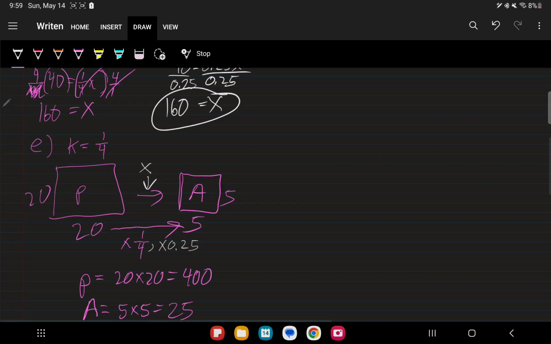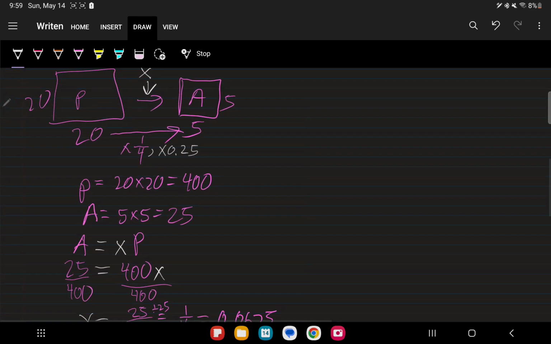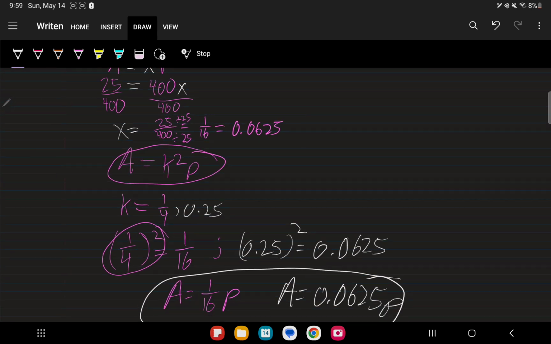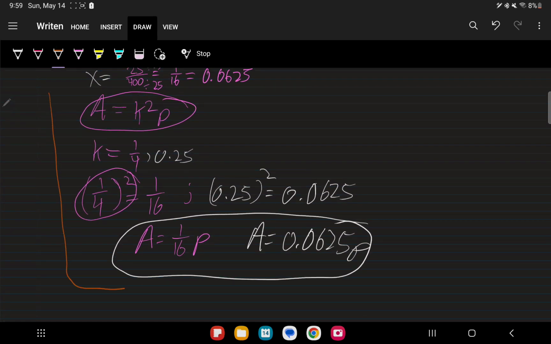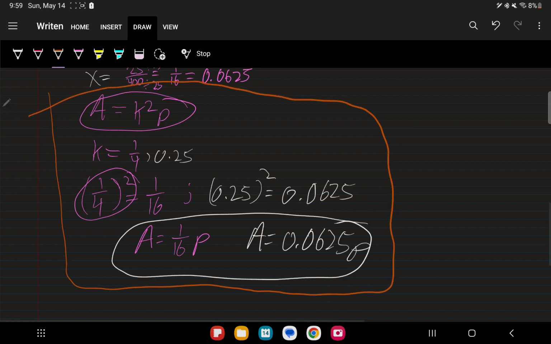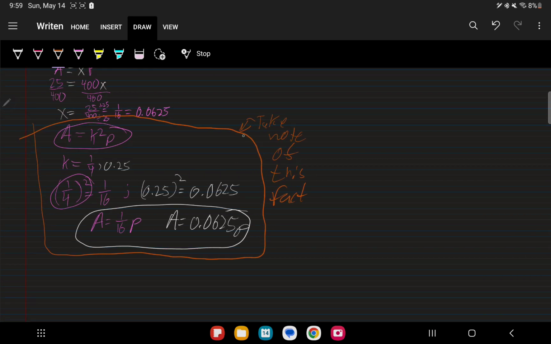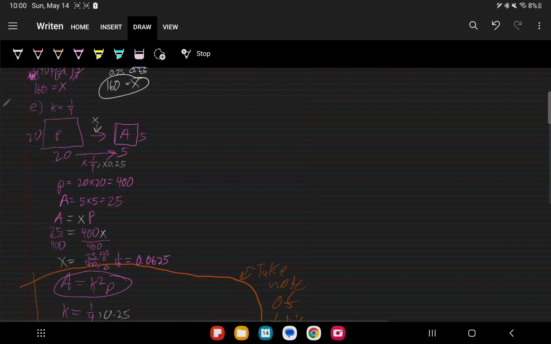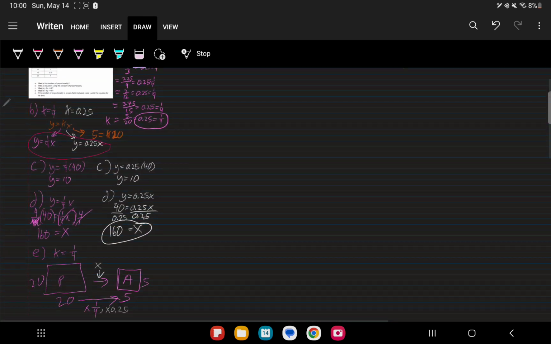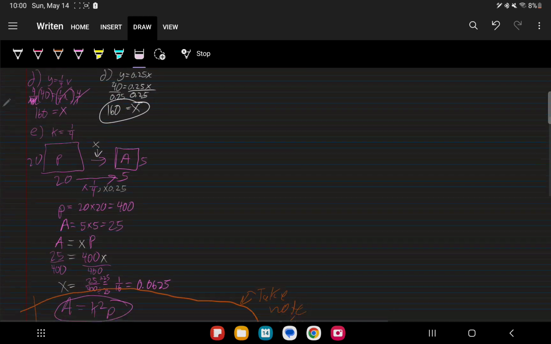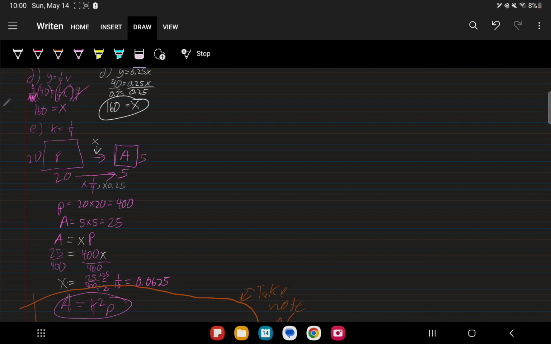The worst part for you will probably be E. And even still, if you just remember what I'm going to highlight now, take note of this fact. I'd really remember this, because that's the biggest and most important part here. If you remember that, you'll cut down on a whole lot of work. You don't have to do all of this extra stuff.